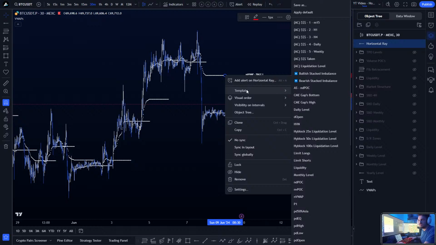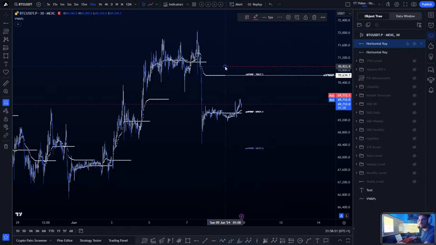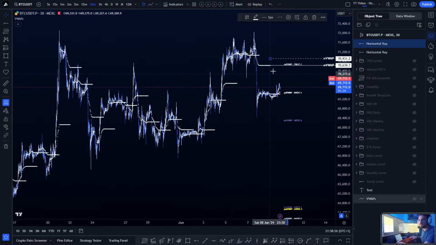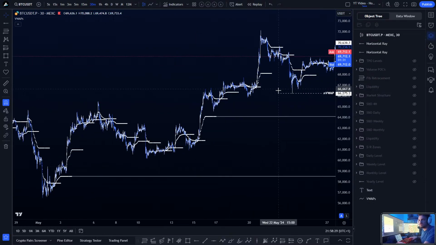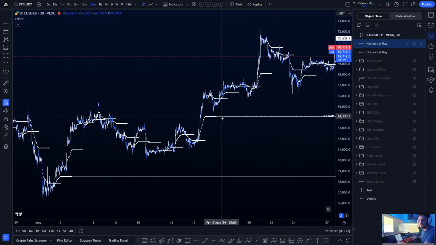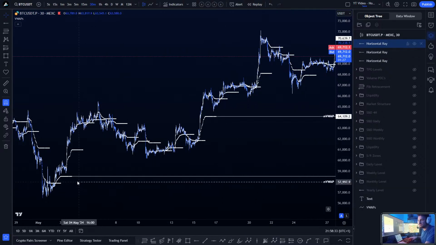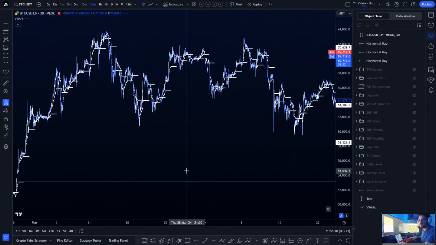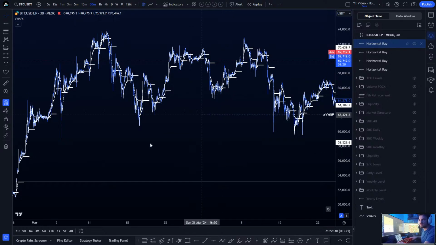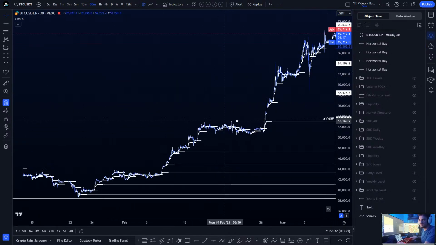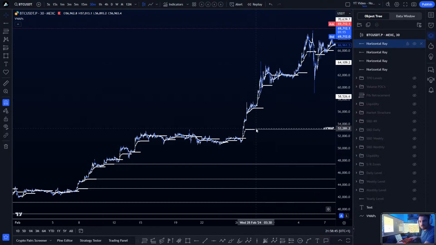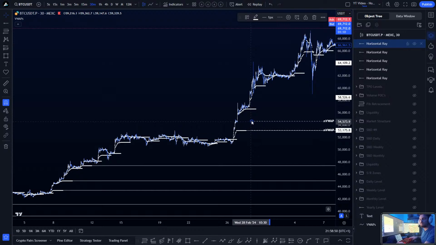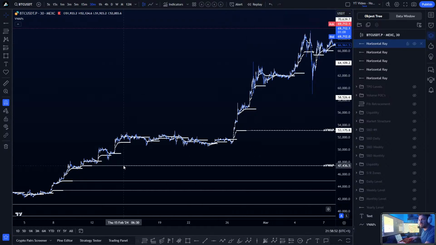So we have one here. Oops, did not want to do that. Okay. We have one there. Again, it's not really important for you to nail the exact number of this level. We have so many.